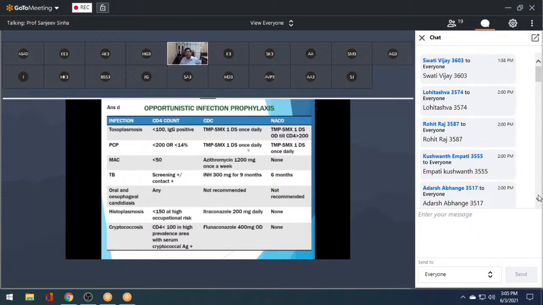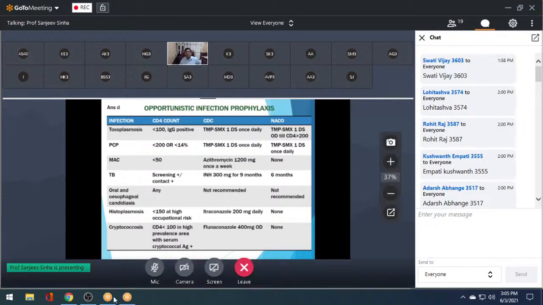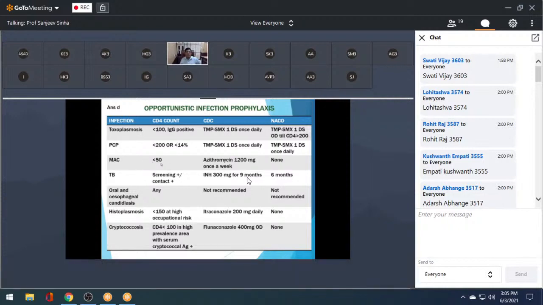Here also we give the combination of trimethoprim and sulfa drugs, one tablet double dose per day. Then MAC infection is also seen in patients who have a CD4 count less than 50, and the treatment protocol is azithromycin once per day.